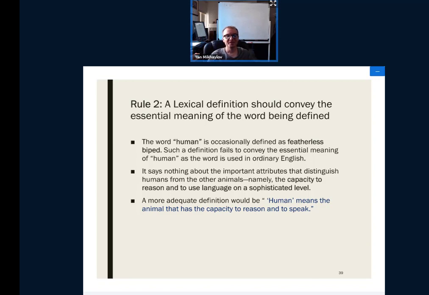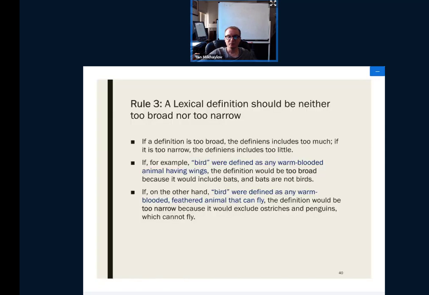Featherless biped. It's a human, right? So what's the problem here? Because it doesn't capture what is essential for being human. Something like this would be much better. Human means animal that has capacity to reason and speak. The capacity to reason and speak, not just the fact that we are featherless and bipeds. That's not good enough for being a human.